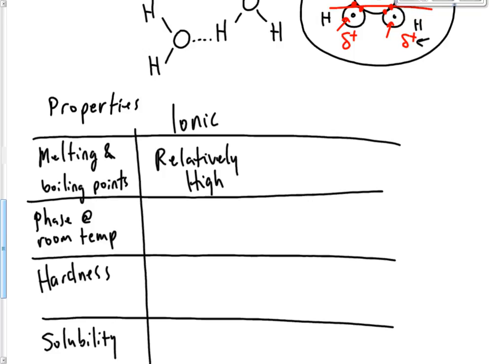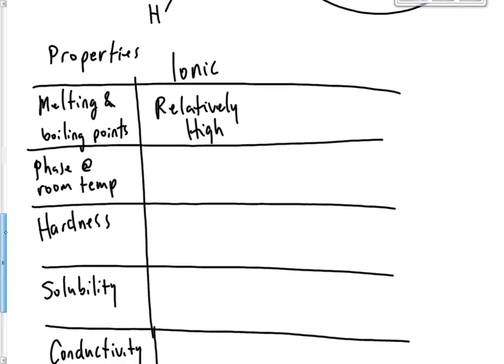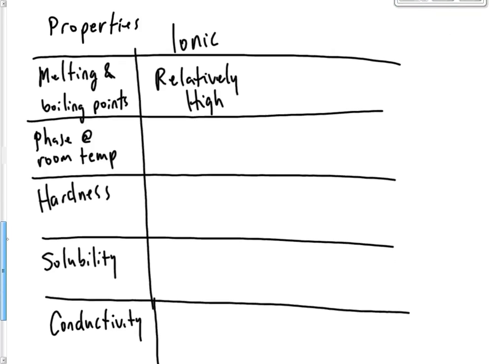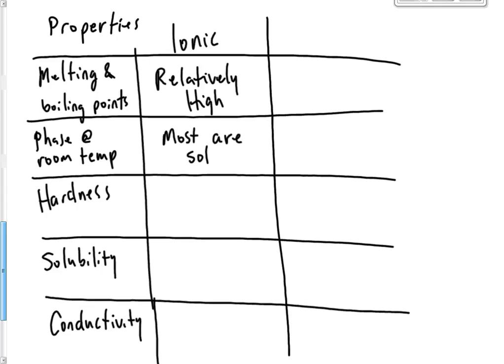The things that take a long time to melt, or that don't actually melt because you can't get them hot enough, are normally ionic compounds. As far as phase at room temperature, most are solids. Hardness: these are very rigid and brittle.